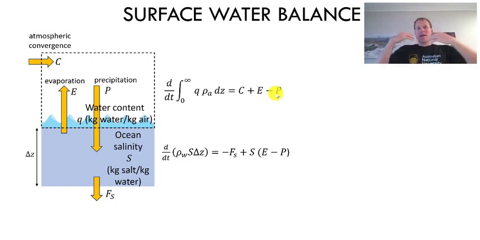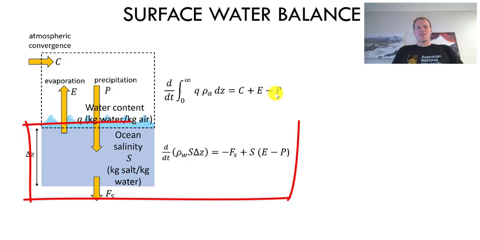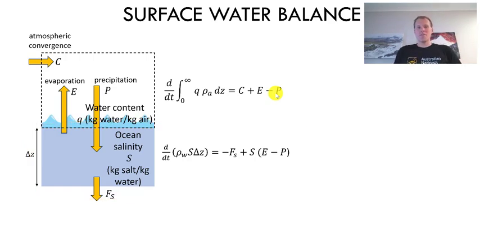Now let's think about what's happening beneath the ocean surface on the ocean side of the interface. So here, evaporation and precipitation manifest as changes in something we call the ocean salinity, which you would have already seen in weeks 1 to 6 when you looked at the equation of state for seawater.